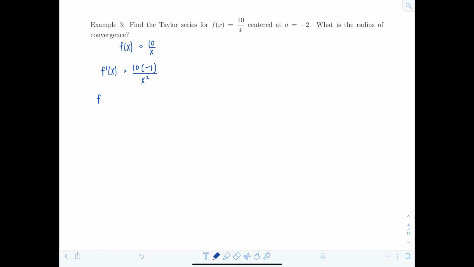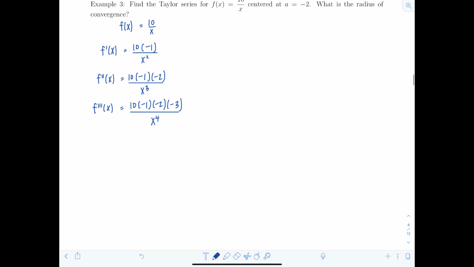F double prime of x is going to be 10 times negative 1 times negative 2 over x cubed. Do you notice a pattern a little bit? F triple prime of x is going to be 10 times negative 1 times negative 2 times negative 3 over x to the fourth. Do you feel a factorial coming on?